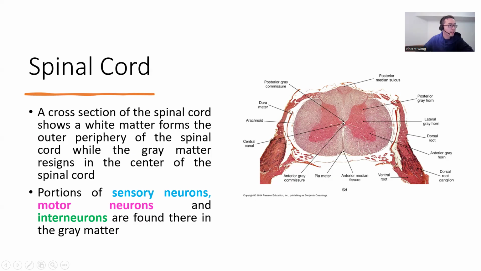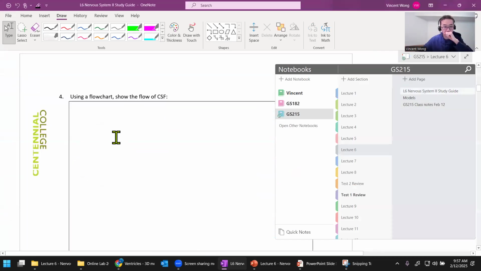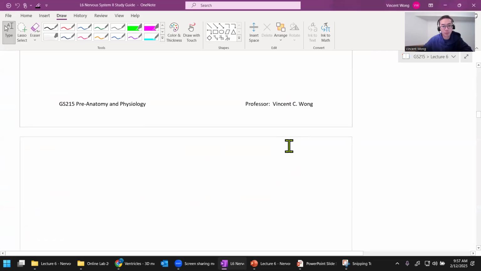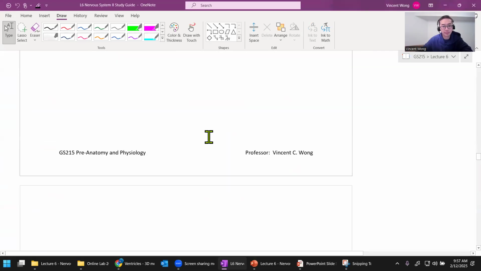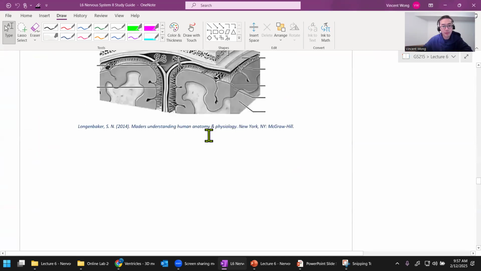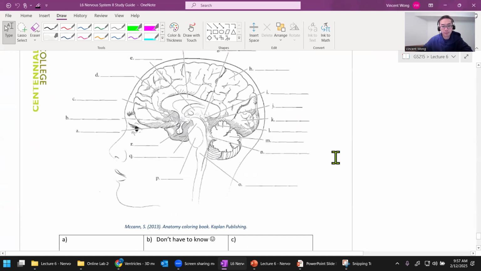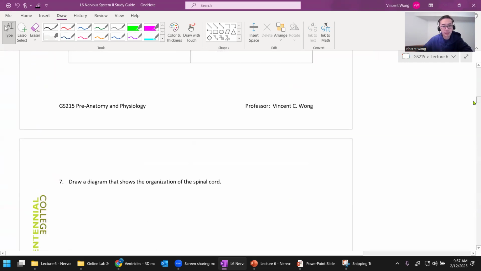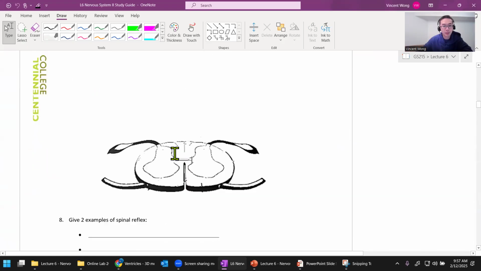And I think it's probably best if we just draw it out in our own ways first before looking at the actual picture. And I think I have a slice of spinal cord somewhere here. Give me 1 second. Oh, I see it. There we go. So number 7, there is the spinal cord.